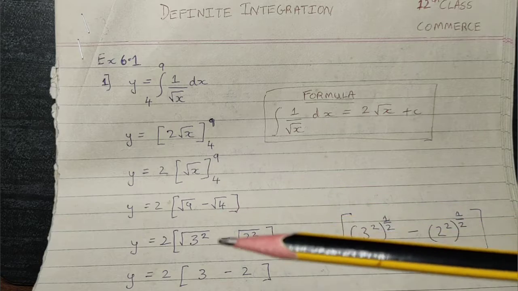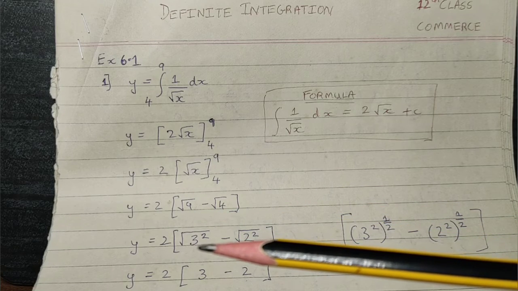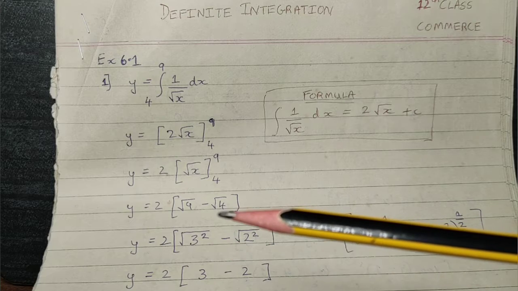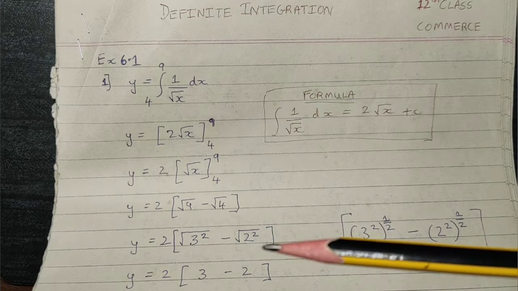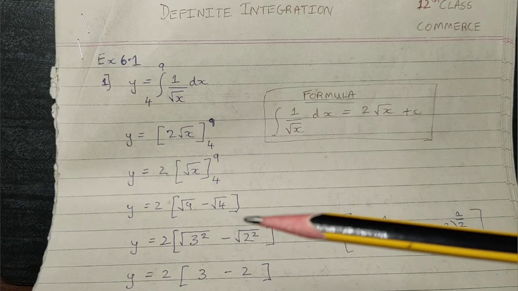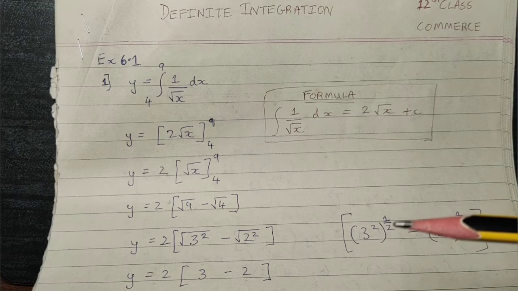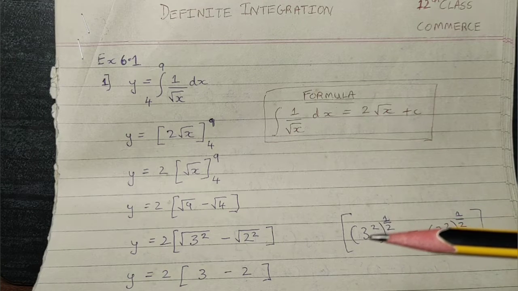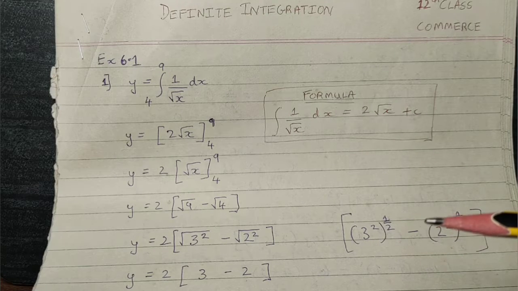So this 9 can be written in the form of 3 square and 4 can be written in the form of 2 square. The squares and the square root will get cancelled, because square root is the power 1 by 2, and the squares and 1 by 2 will get cancelled.